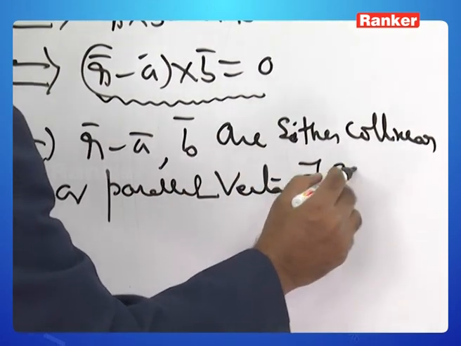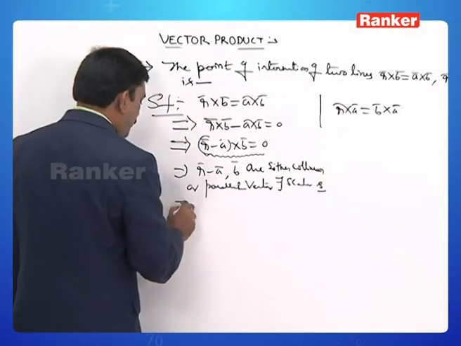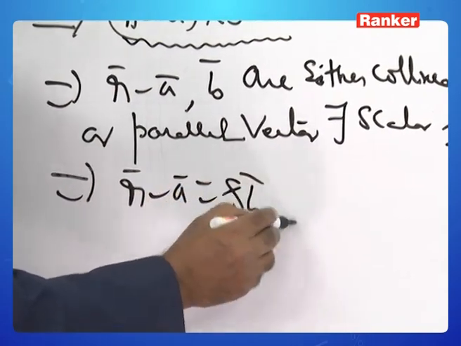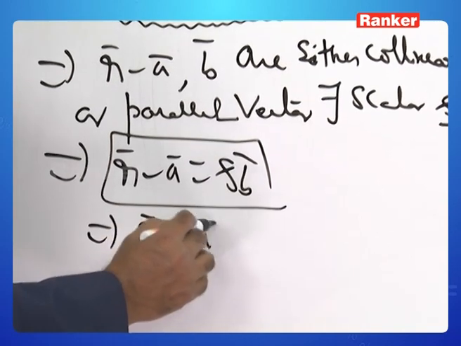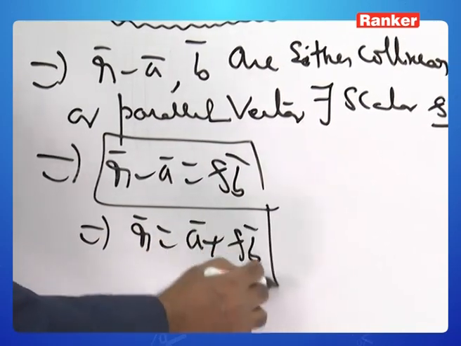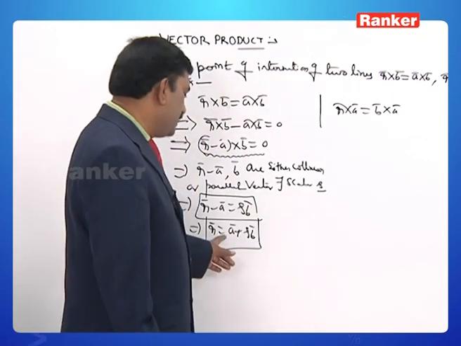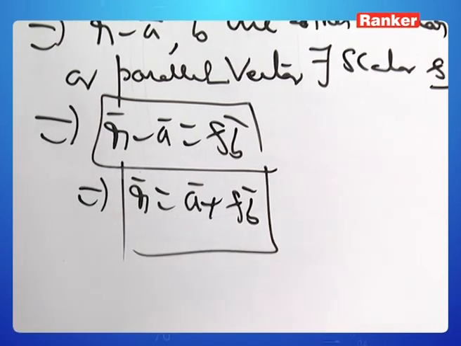There exists a scalar S, which implies one vector can be expressed as a scalar multiple of another vector. So this represents R bar is equal to A bar plus S B bar. This represents a straight line passing through the point A bar and parallel to the vector B bar.